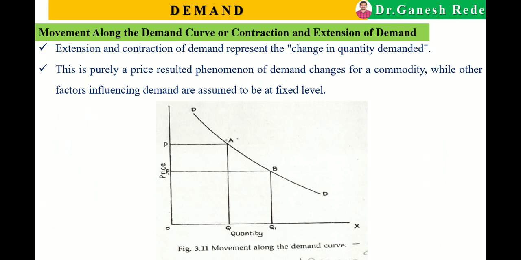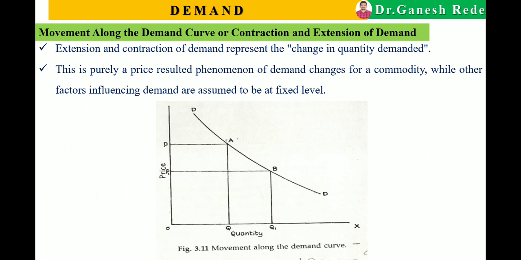Now here you can understand, suppose price falls from 20 to 16, from point P to P1. So there is a downward movement on the demand curve, from point A to point B. That is the extension of demand, meaning you are getting a higher quantity of the commodity at a lower price.